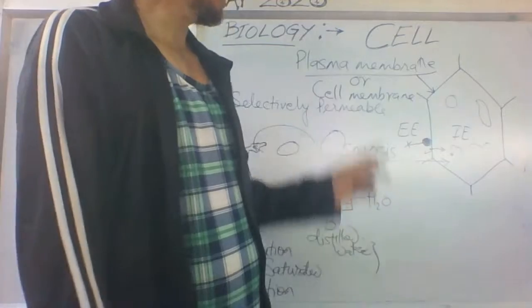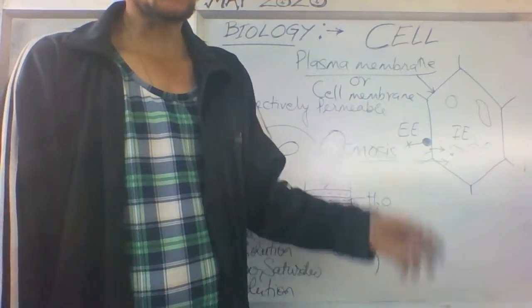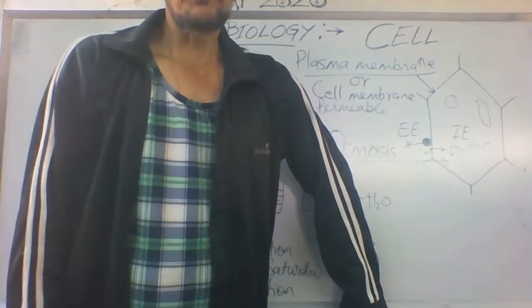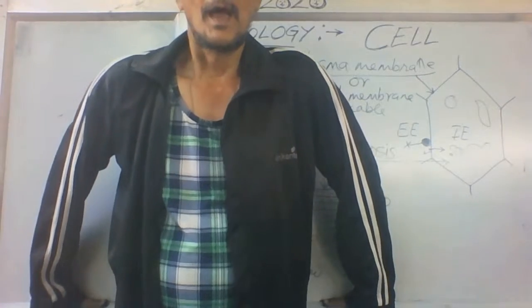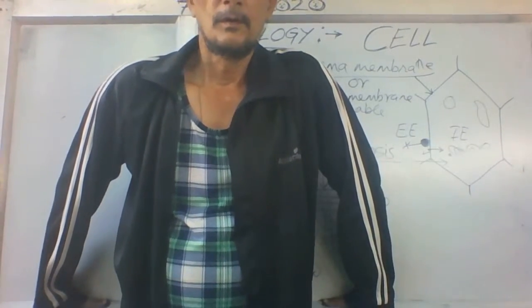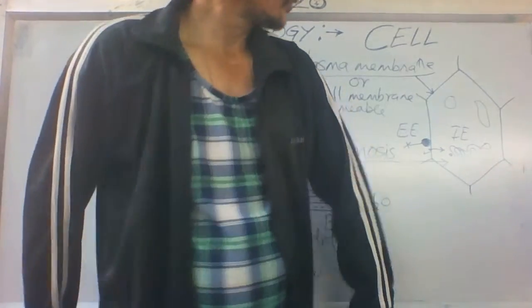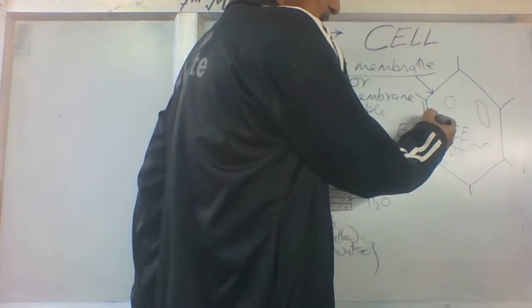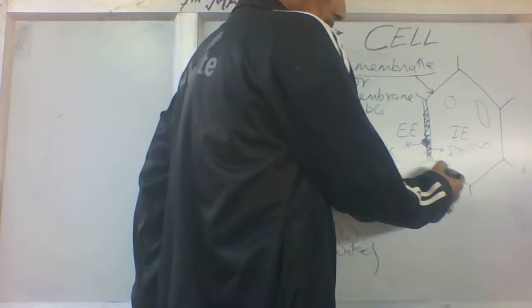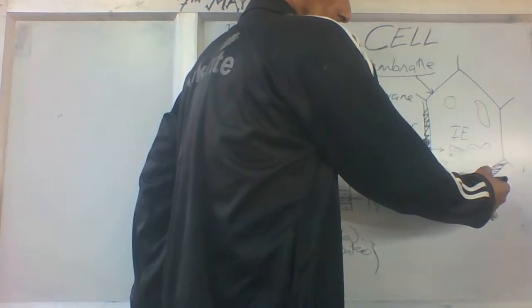This cell membrane, which is also called the plasma membrane or selectively permeable membrane, is different from the cell wall. The plant cell, in addition to the plasma membrane, has another rigid outer covering that is called the cell wall.